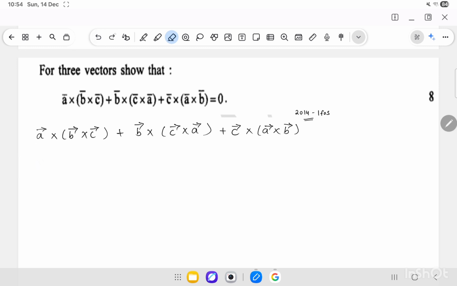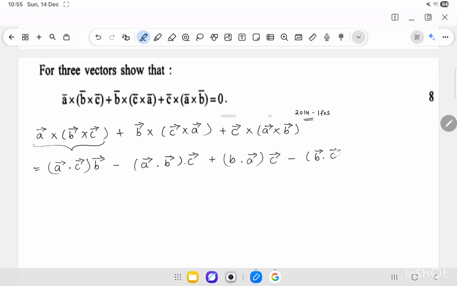So if I expand this term, it will be equal to a vector dot c vector times b vector minus a vector dot b vector times c vector plus b vector dot a vector times c vector minus b vector dot c vector times a vector plus c vector dot b vector times a vector minus c vector dot a vector times b vector.